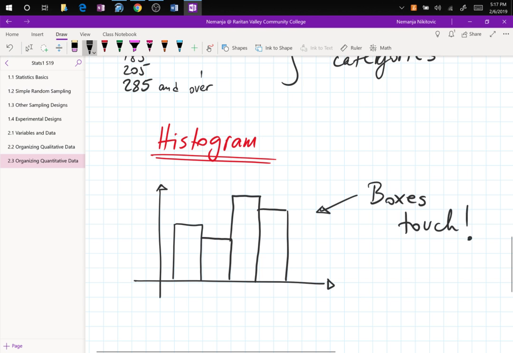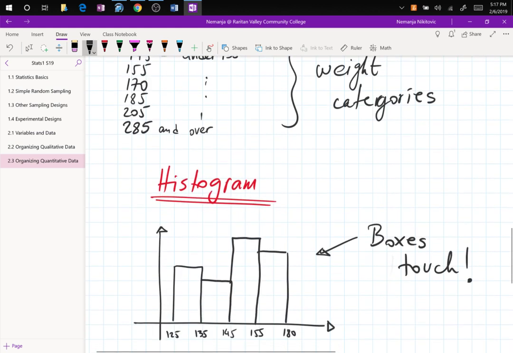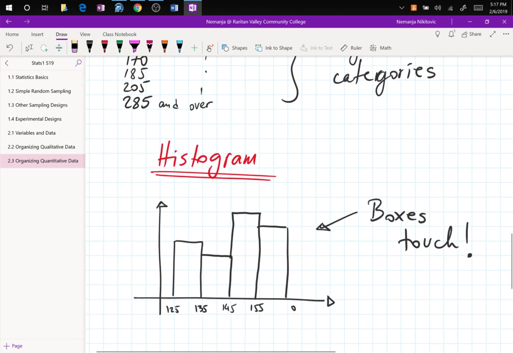And the reason why they touch is that if you are looking at your weight categories, you have your 125, and then you have 135. It's continuous data into 145, 155, jump to 170.